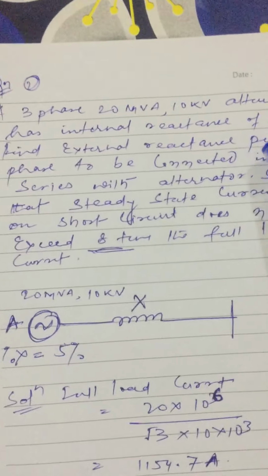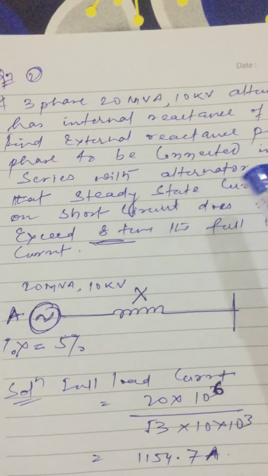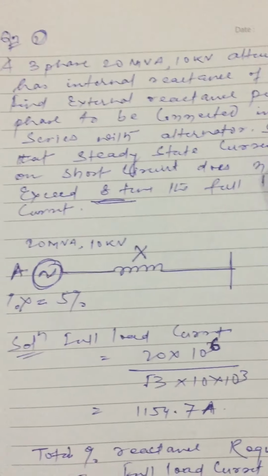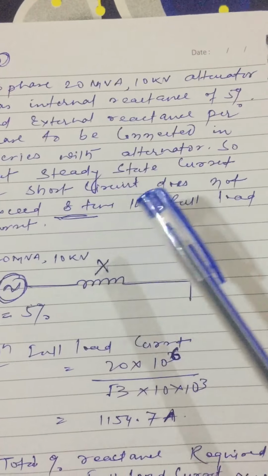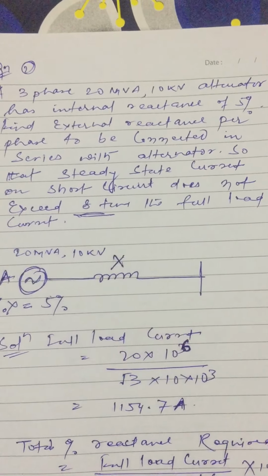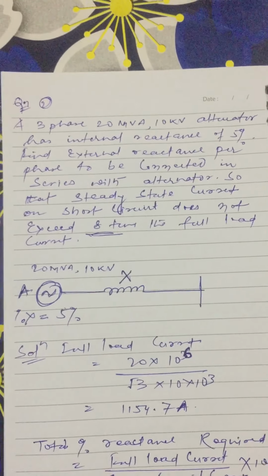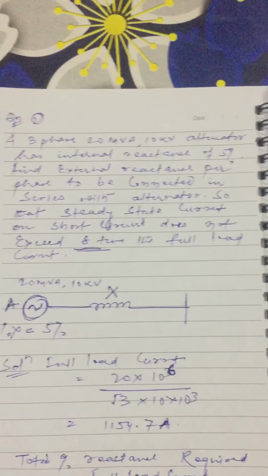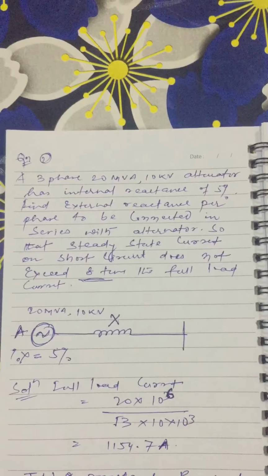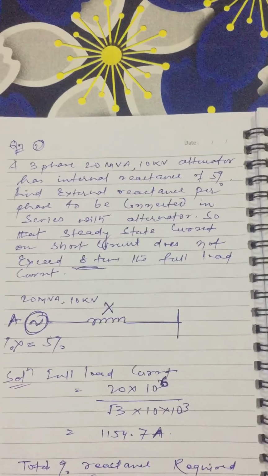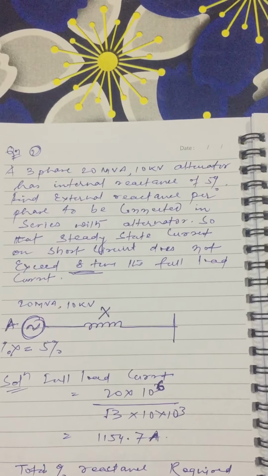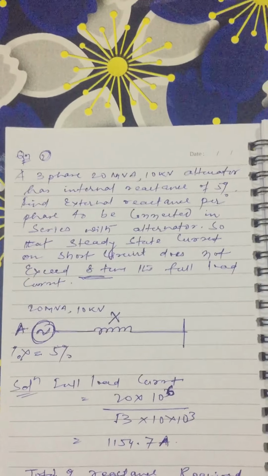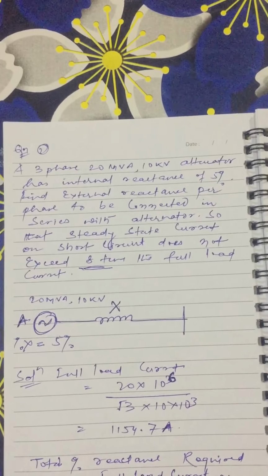We have to find the external reactance per phase to be connected in series with the alternator, so that the steady state short circuit current does not exceed 8 times the full load current. It means apart from this internal reactance, we have to find the extra reactance that we need to connect in series with this alternator to restrict the short circuit current to not exceed 8 times the full load current.